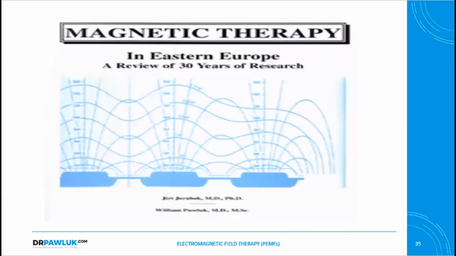This is another depiction based on the cover of another book that I'd written called Magnetic Therapy in Eastern Europe, a review of 30 years of research. You can see here's an emitter, and on the surface of the emitter, the magnetic field lines are very tightly packed. As you move away from the emitter, the field lines begin to separate. When those field lines begin to separate, that's when the magnetic field becomes weaker.